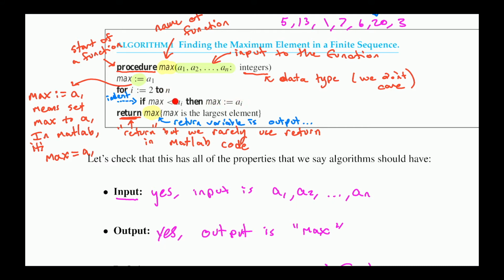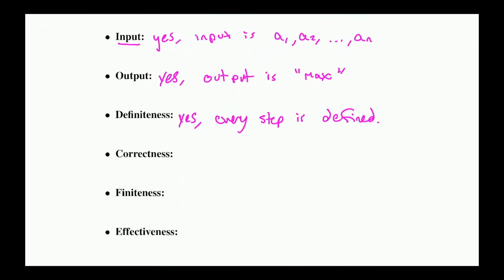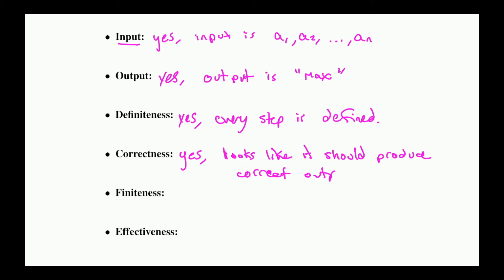When you're done with this loop, maximum should just have the biggest value in the list. So is that a correct algorithm? Sure, that should work, right? It looks like it works. It should produce correct output. We don't know until we do it, but it looks like it should produce correct output, which is what the step is.